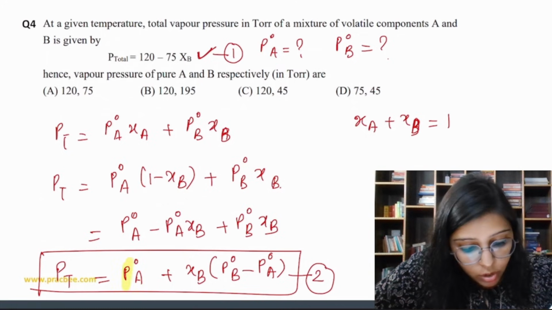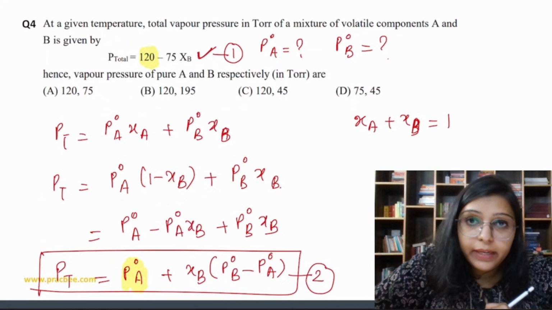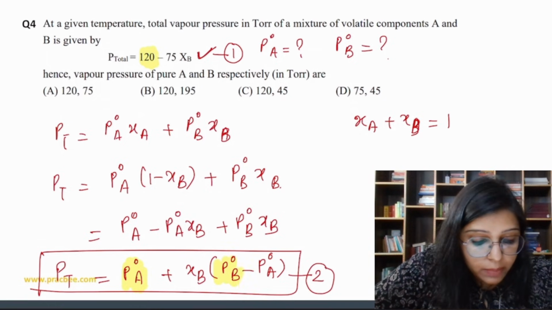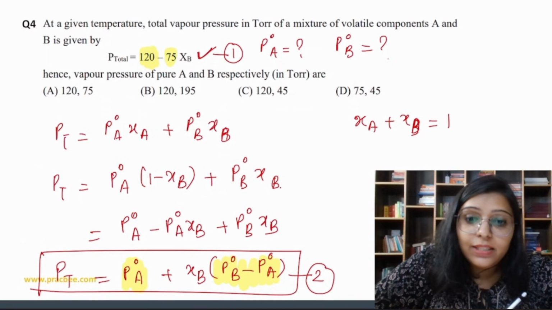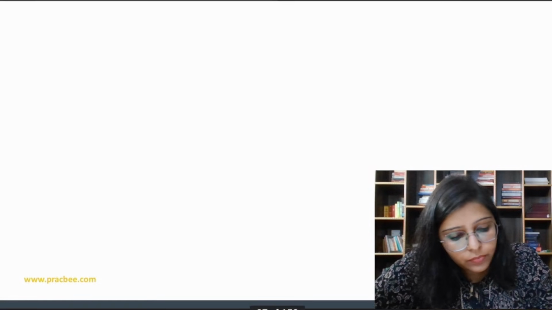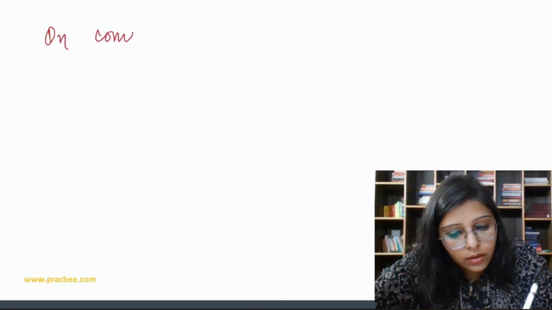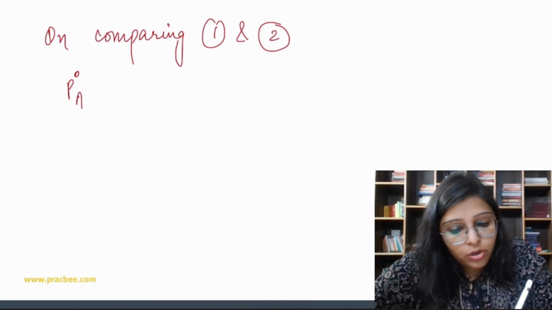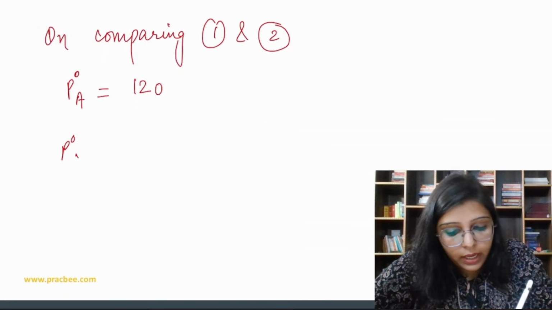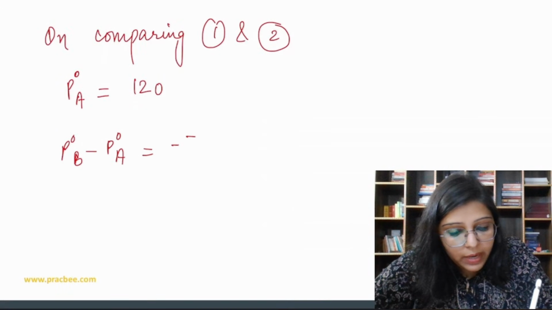So we get P naught A is equal to 120, right? And P naught B minus P naught A is minus 75. So let's do this part. On comparing 1 and 2, P naught A is equal to 120 and P naught B minus P naught A is equal to minus 75.